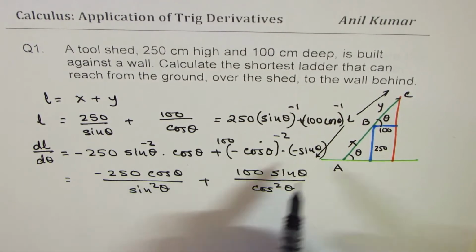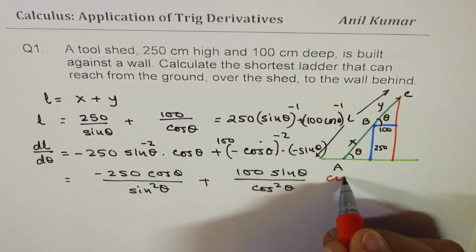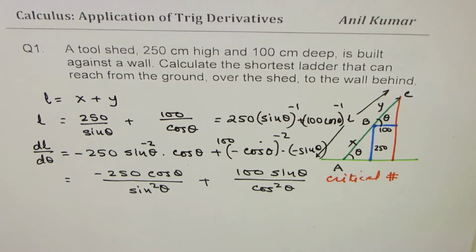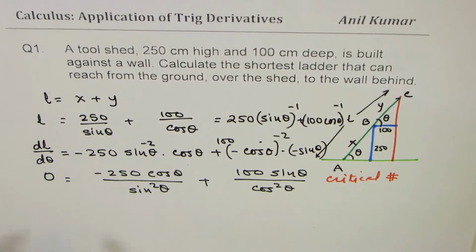Okay. Now, for maximum or minimum, which we say critical number, dL/d theta should be 0. So we can equate this to 0 and then find the value. Is that clear? So we can just take this side to the other side.